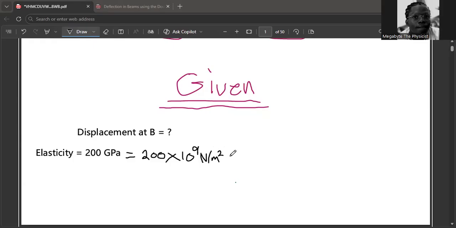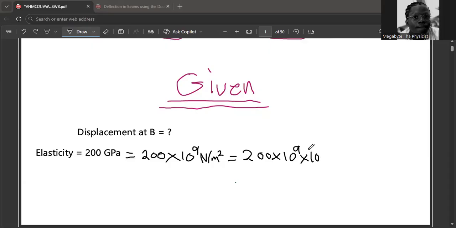What you are seeing over here is in Newton per meter squared, but we actually want it in Newton per millimeter squared. So we have to convert it. I'm going to rewrite that, and it becomes 200 times 10 exponent 9 times another 10 exponent negative 6.